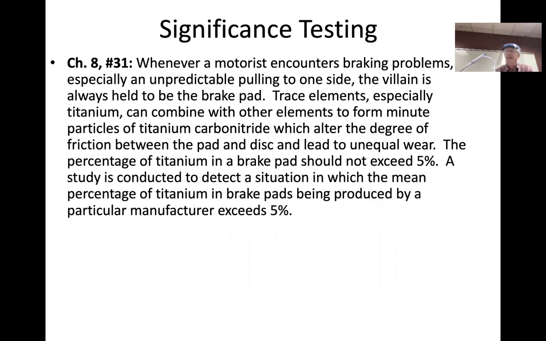Right? We don't want it to be bigger. It should not exceed 5%, but we're trying to test if it does. So that means our research hypothesis, the alternative hypothesis, is that the mean is bigger than 5%. And the null would be the opposite of that.